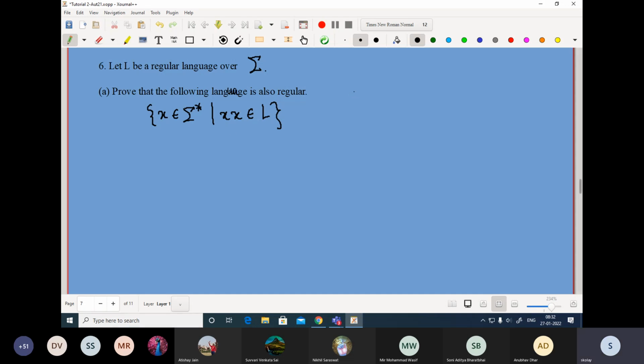This basically means that if I had a string something like ABAB in L, then AB would belong to this new language. Let me call this L dash.